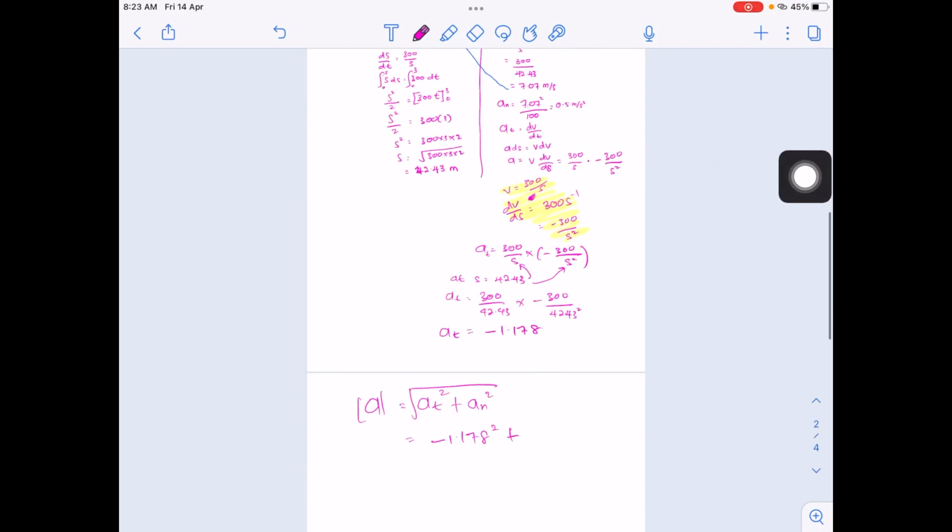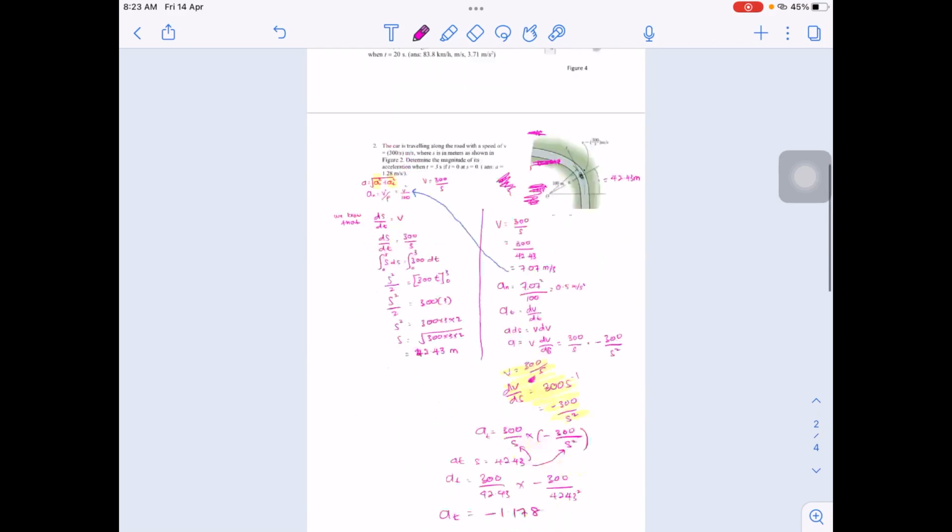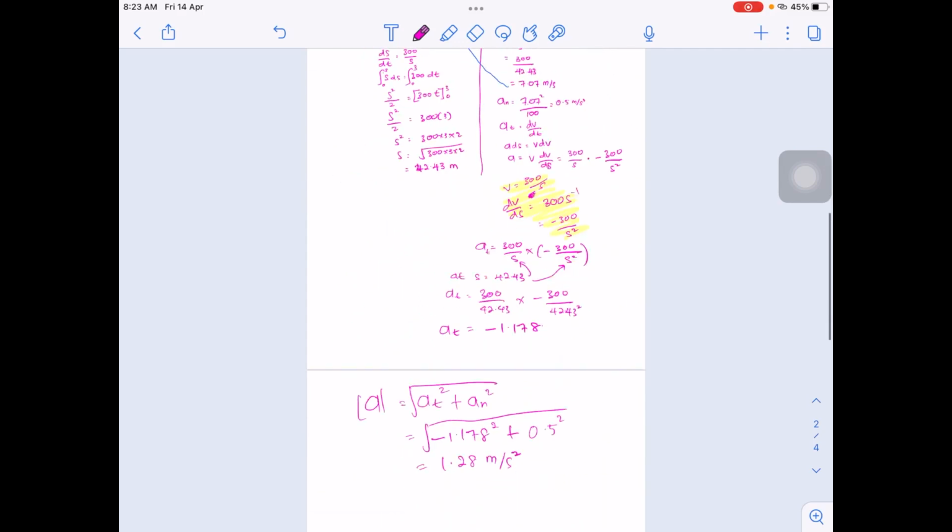So plus 0.5 squared, kita square root. Squared plus 0.5 squared, square root, 1.28 meter per second squared. Okay, samalah jawapannya, 1.28.